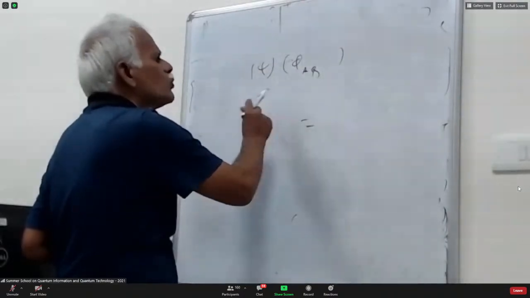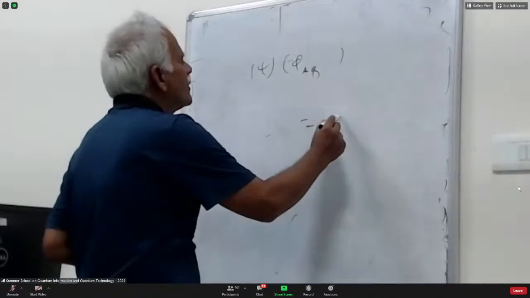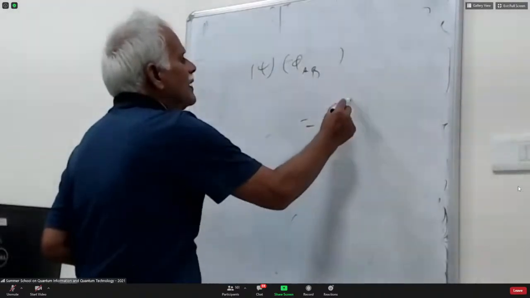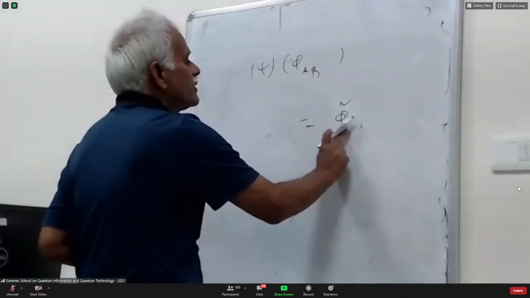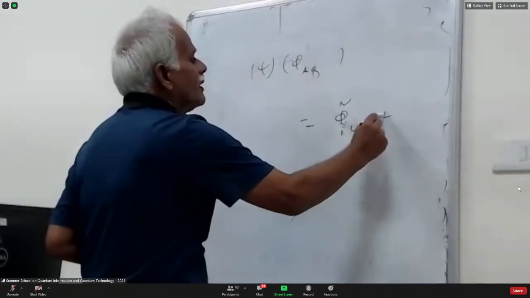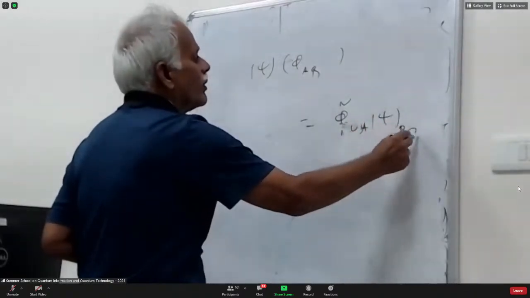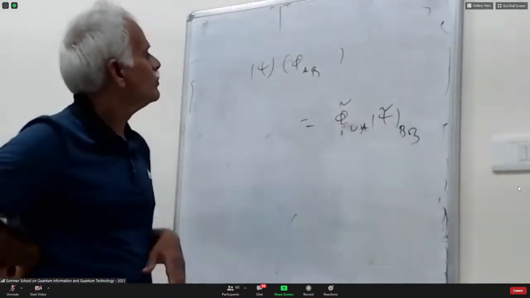And finally, you want to do certain manipulation. You will have something like psi AB, Alice and unknown state, let us call U, and psi Bob.